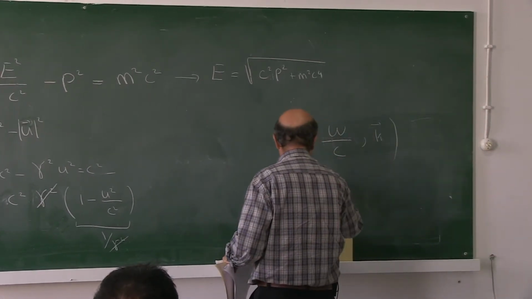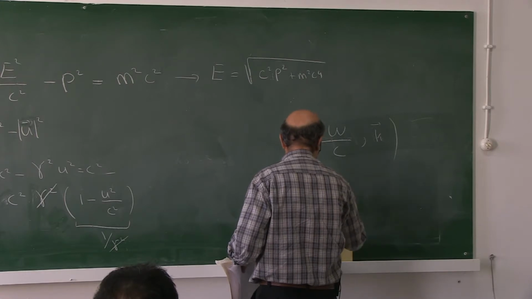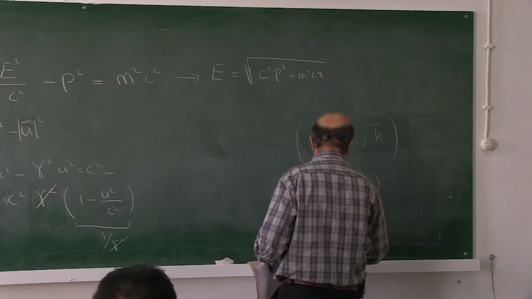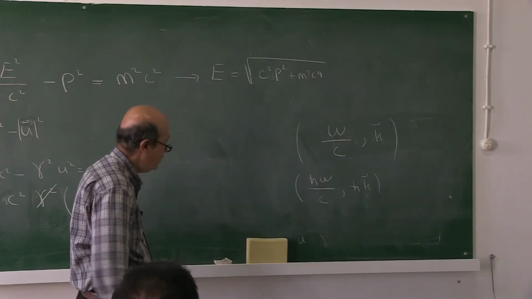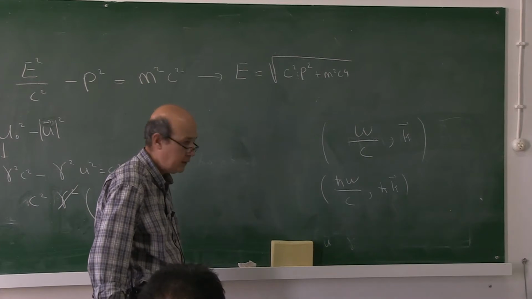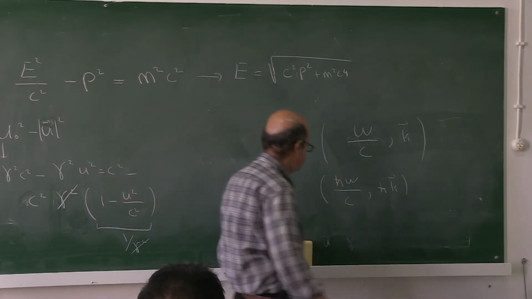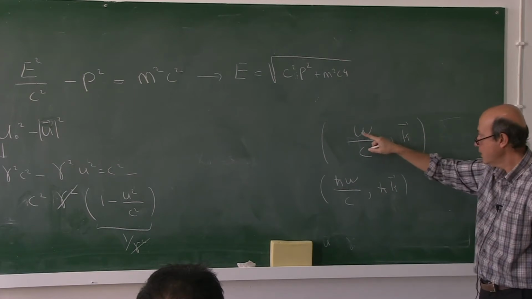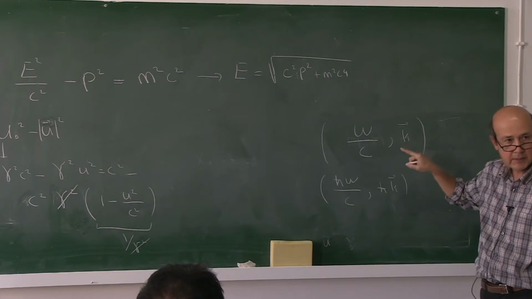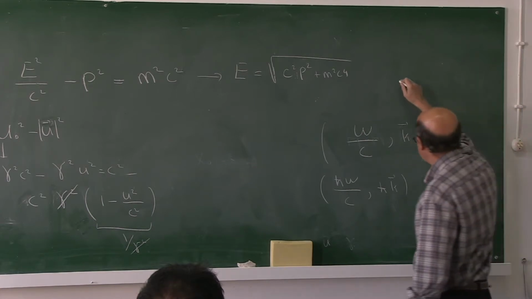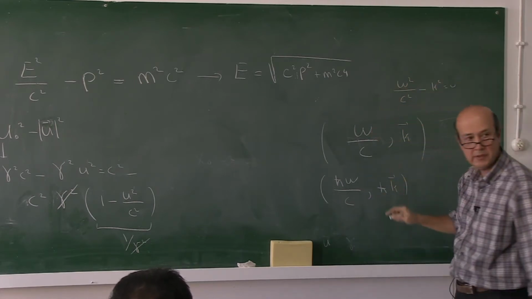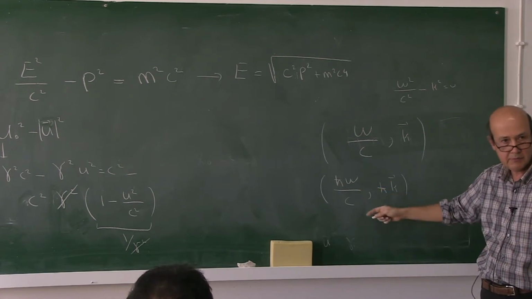That will be H bar omega over C, H bar K. What is the length of this vector? Omega square over C square minus K square is equal to what? We said last time that it is 0, from the dispersion relation.